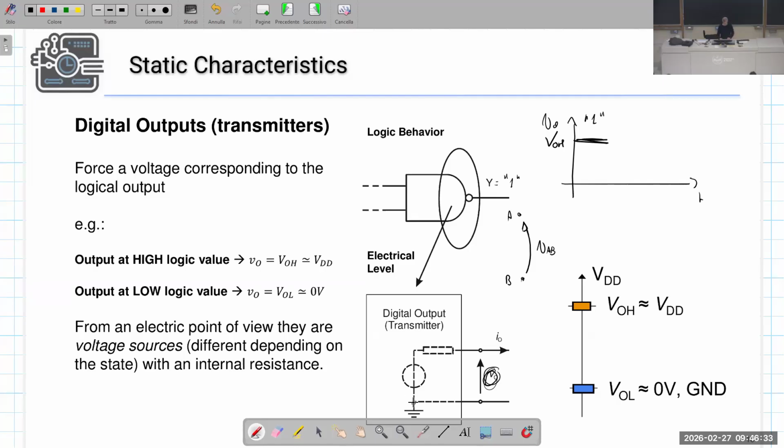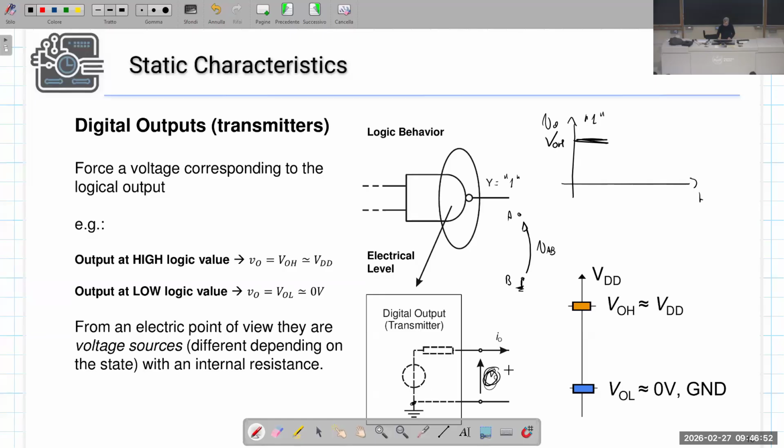In electronic circuits, one of these nodes, the node at the lowest potential, is fixed and is the same for all the circuit, and is called the reference node. It's indicated with this symbol.